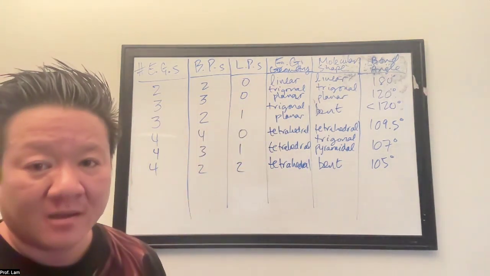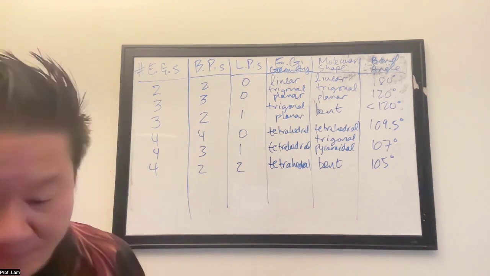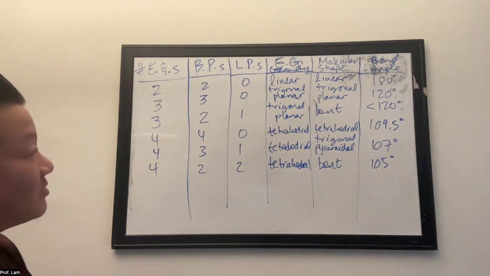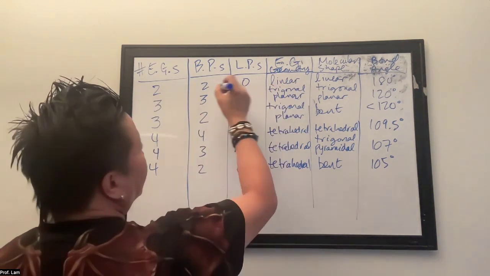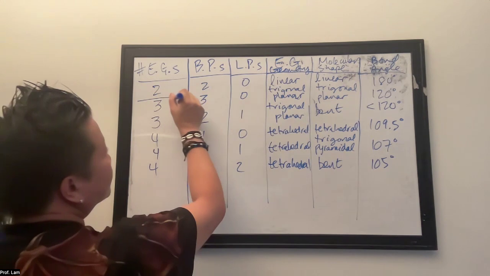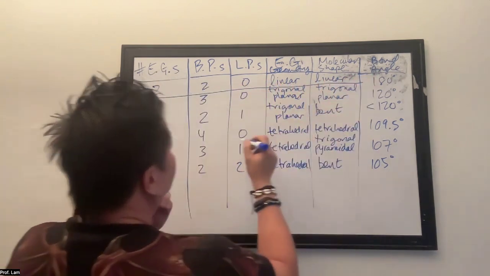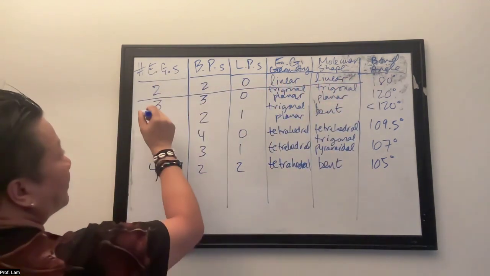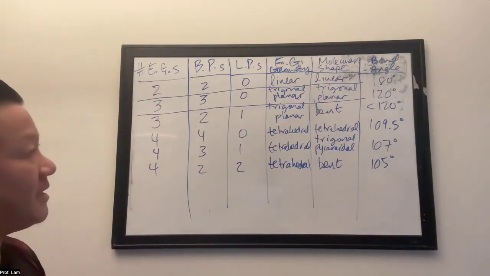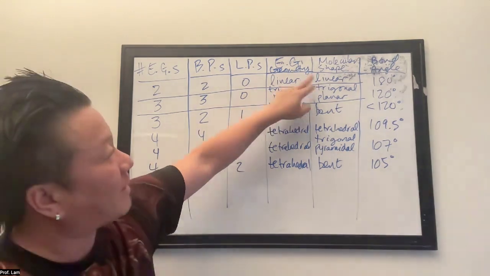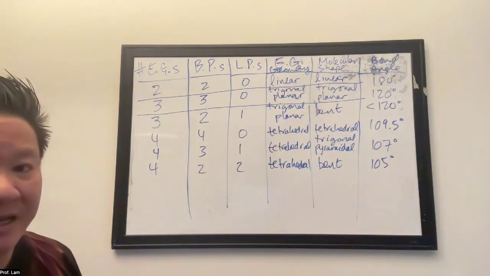Okay. Now, there's certain patterns that make this easier to memorize. Notice if you have 2 electron groups, it's always going to be linear, right? And 0 lone pair. If you have 3 electron groups and 0 lone pair, it's always going to be trigonal planar, right? For both electron group geometry and molecular shape.